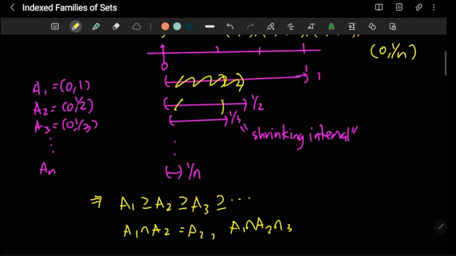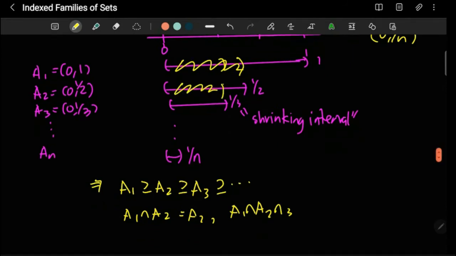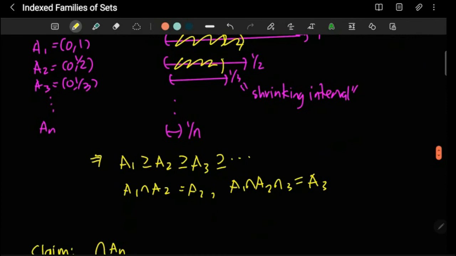Paliit din ng paliit. So, in general, from our observation, the intersection of Ai, i from 1 to n, is the last set An.